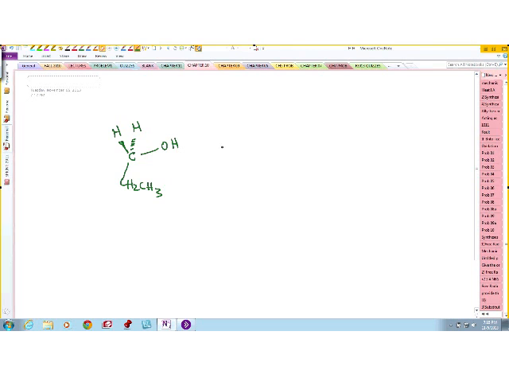You notice I am showing stereochemistry here because this reaction has stereochemical implication.